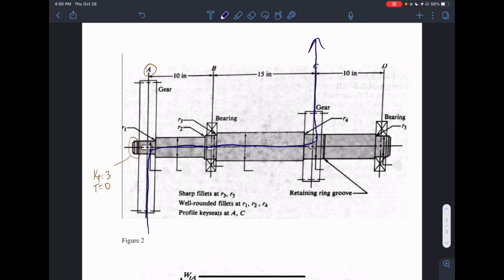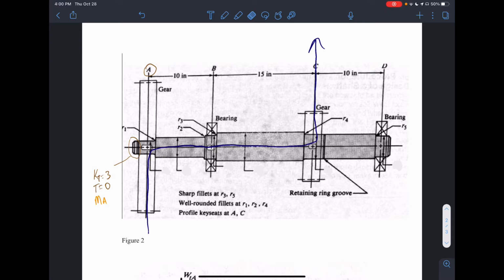So that's how the torque goes through the shaft. At this end of the shaft, there's no torque. The torque is only from inside here and goes out. So the torque would be 0 at this point. And of course the bending moment would be the bending moment MA at this point, whatever it was calculated to be.